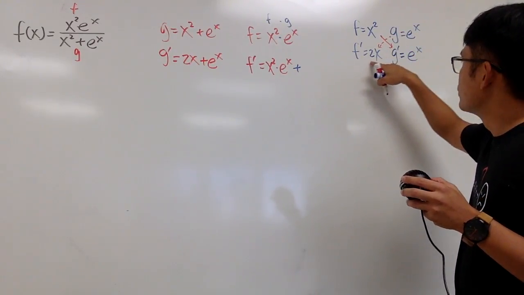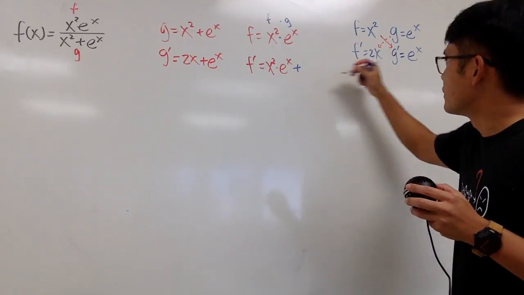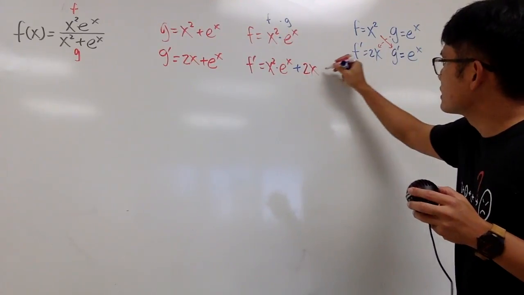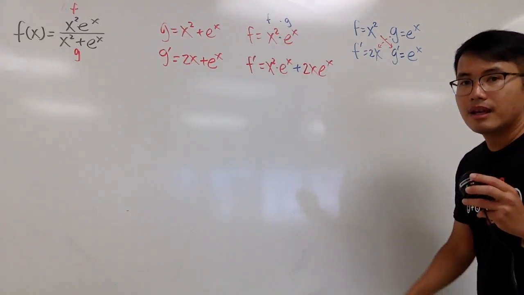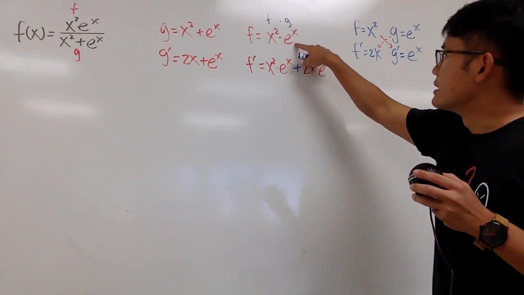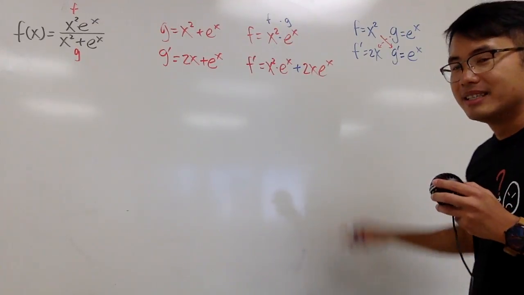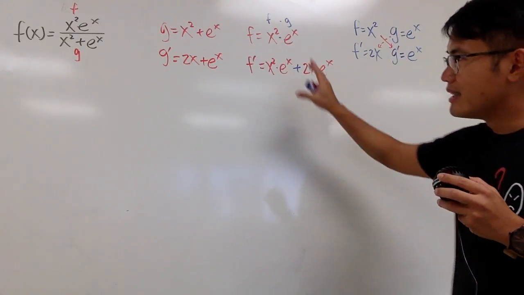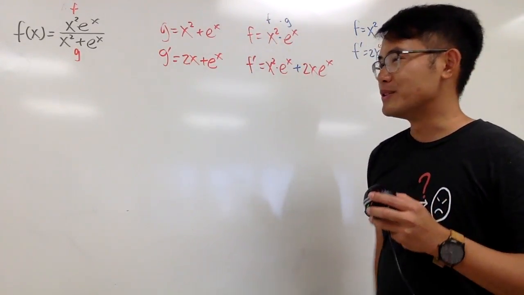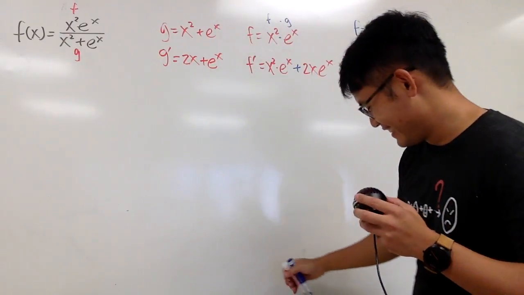So I will put down this first, 2x, and then e to the x, like that. And you see, this part is the second function, and then you multiply this with the derivative of the first. So that's the product rule part. This is the quotient rule part, and then we still have to do the original part.